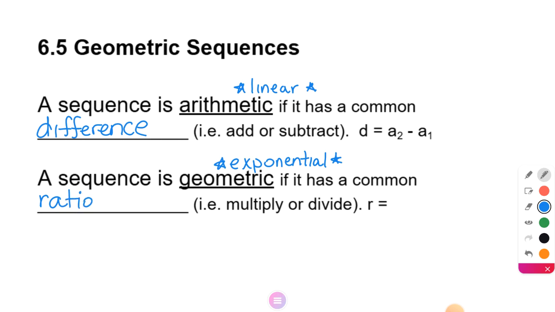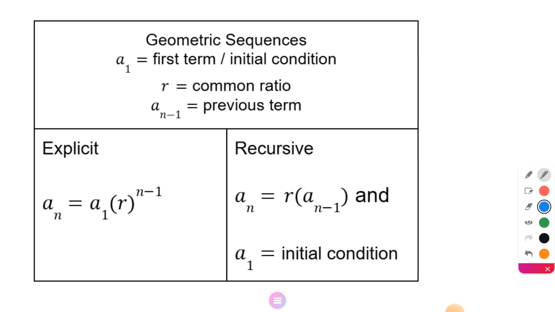And to find the r, we're going to take the second term and divide by the first term. Kind of like what we did in previous lessons when we wrote the exponential function. So we've got a sub 1 equals the first term, or the initial condition, the starting point. r is our common ratio.